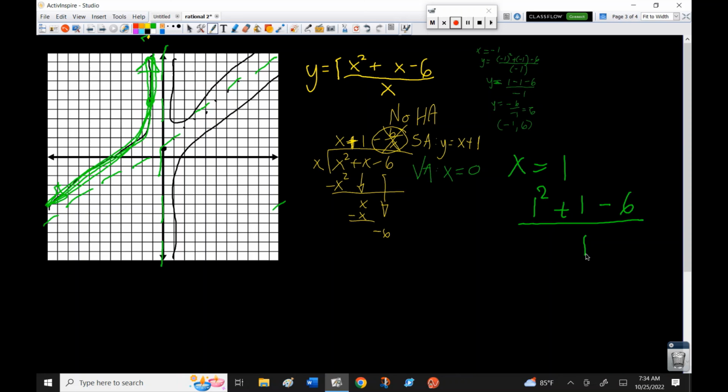Weird things happen with negatives. 1 squared is 1, plus 1 minus 6 over 1. 1 plus 1 is 2, 2 minus 6 is -4 over 1. And this point we're going to plot is (1, -4), which is right here.